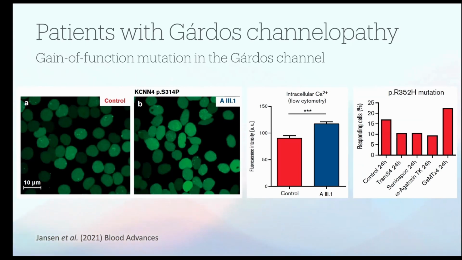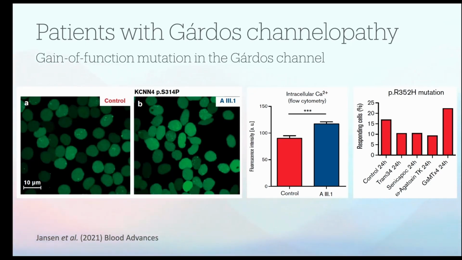Also, if we inhibit this CaV2.1 with this omega-agatoxin TK, we also get a much lower percentage. But if we inhibit the Piezo channel, Piezo1, with GsMTx4, we get a higher amount of responding cells, which at first view looks very paradoxical.